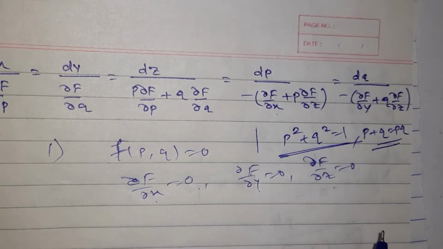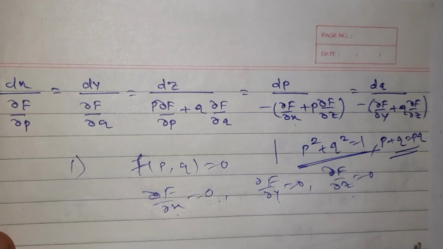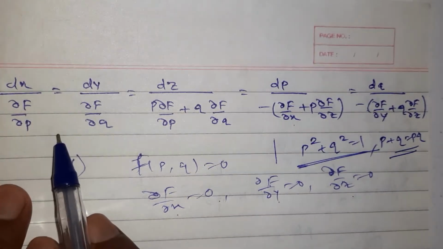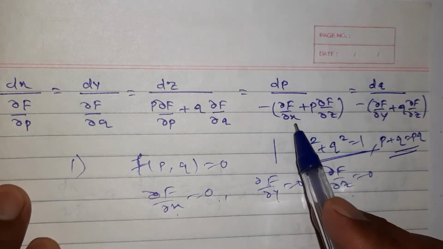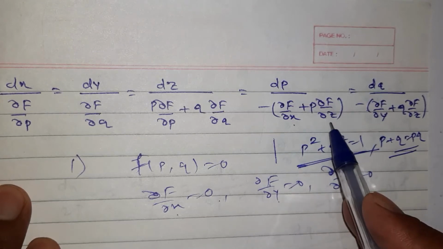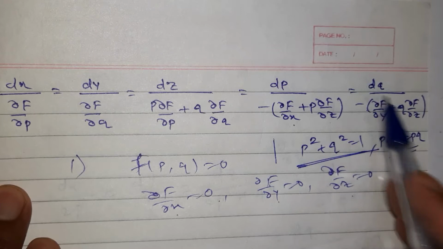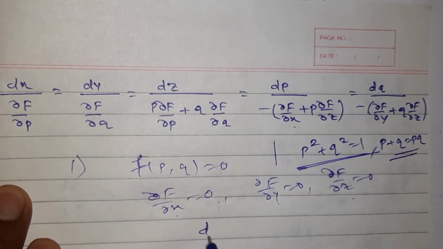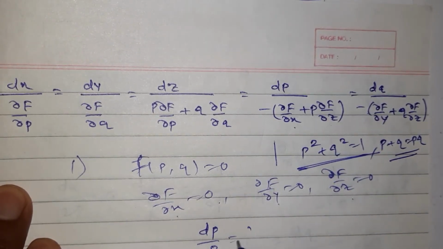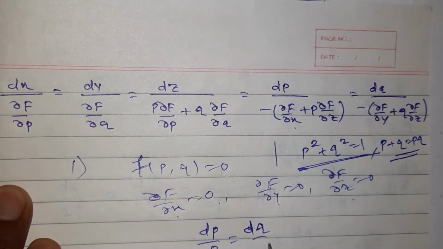All 3 derivatives are 0. If I put all these values in our Charpit method, then you can see ∂f/∂x and ∂f/∂z, this is 0, then ∂f/∂y and ∂f/∂z, this is also 0. So I get dp upon 0 is equal to dq upon 0.